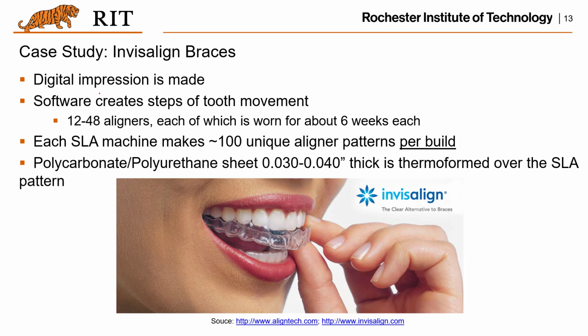Invisalign prints these 3D shapes as molds, and then they do thermal forming, using a polycarbonate or polyurethane sheet to form the final invisible braces, which are then delivered to the patients. That's how the whole process works.